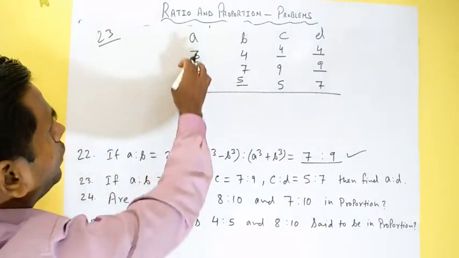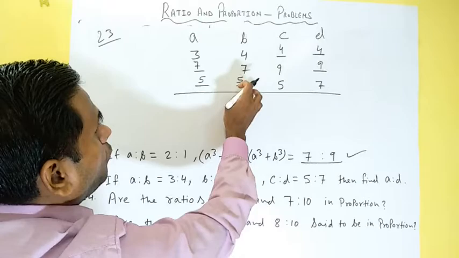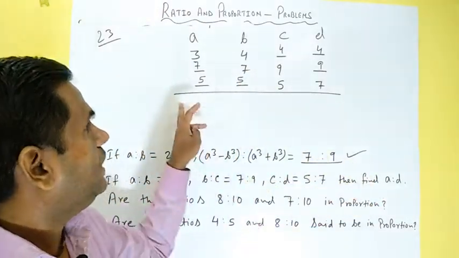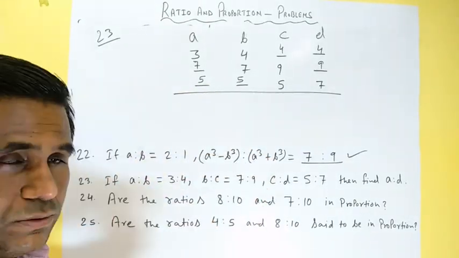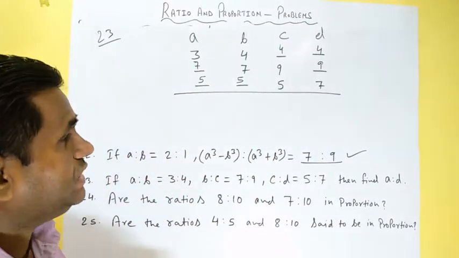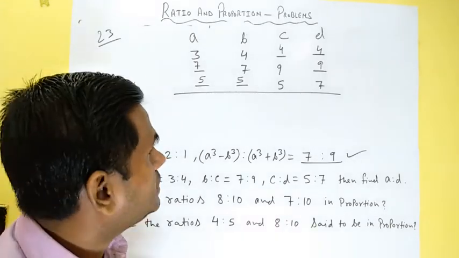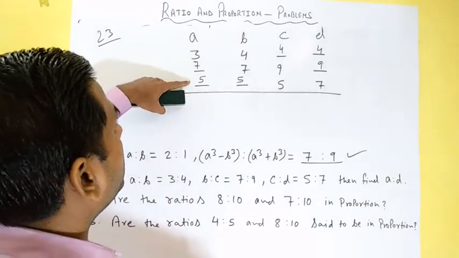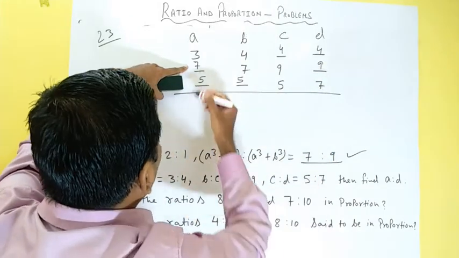So if we multiply, we get A value and D value. We need not do B and C because it is not asking. Okay, only A is to D it is asking. So we can multiply and write. But after multiplying and writing, we have to see whether we can further simplify it, isn't it? So before multiplying only we can see whether we can simplify it. So 5 is not in this. 7, if you see, we have it, right?